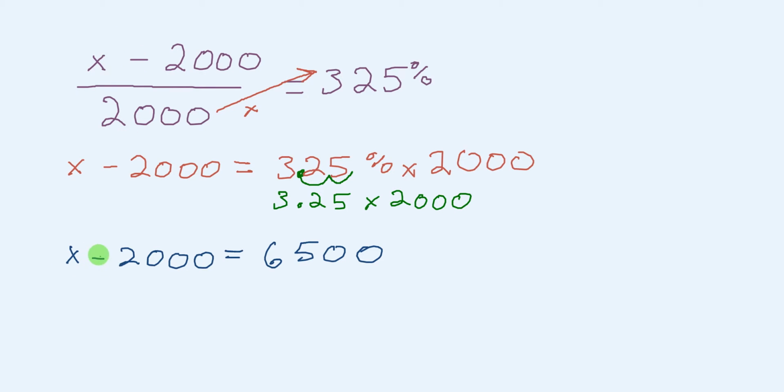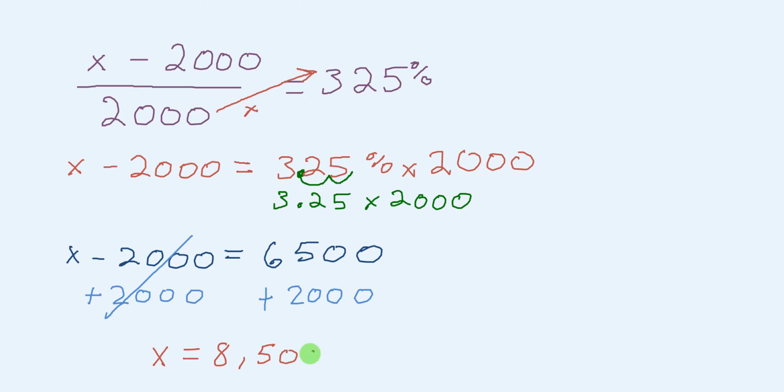And so how do we undo subtraction of 2,000? We've got to add 2,000 to both sides to balance the equation. Minus 2,000 and addition of 2,000 cancel out, and we're left with x is equal to 6,500 plus 2,000 is 8,500, and that's dollars.